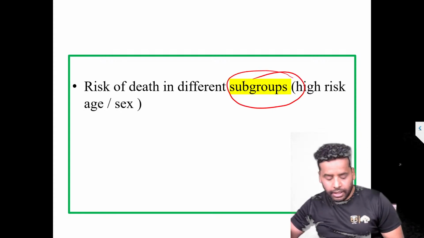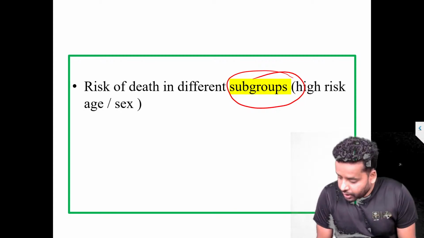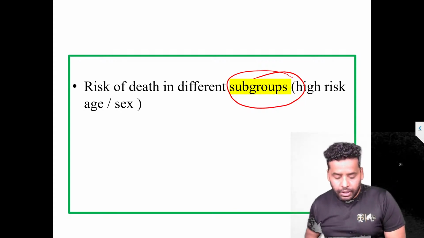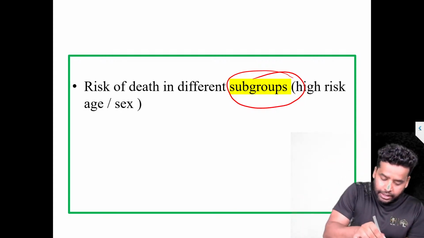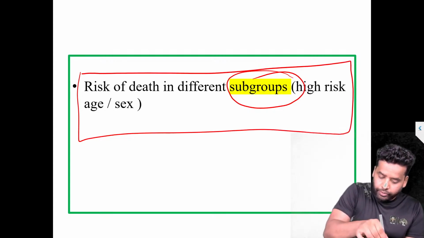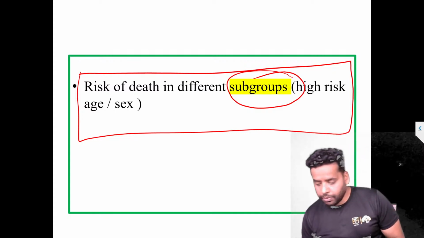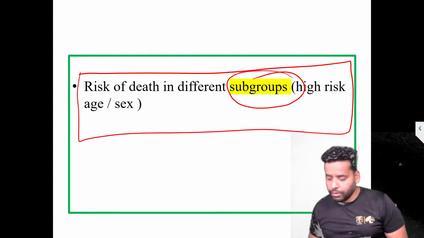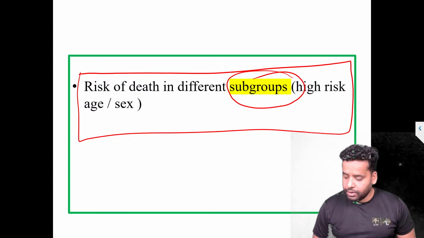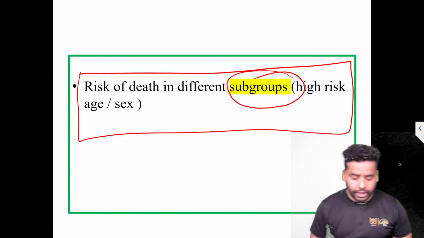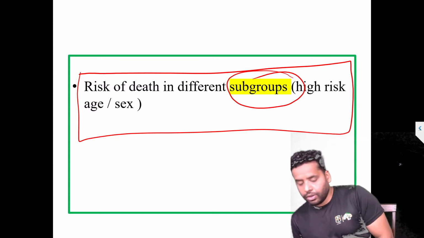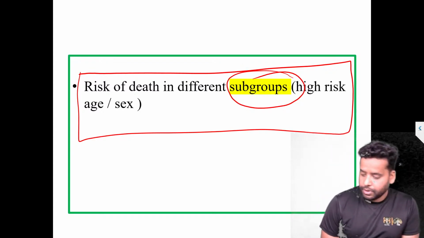Highlight the keyword, subgroups. Specific death rate will indicate risk of death in different subgroups. Like which age group is having more risk, which sex is having more risk, like that we can estimate. So write this point: specific death rate can indicate risk of death in different subgroups.